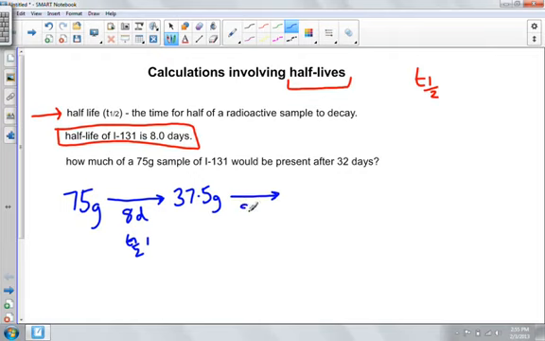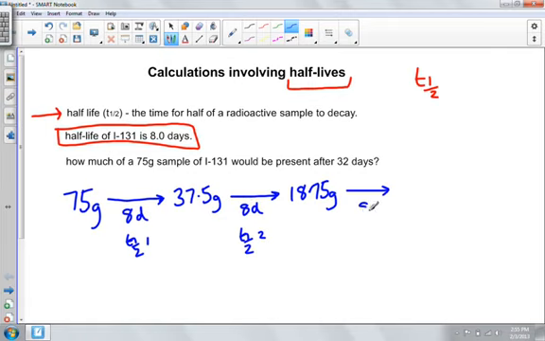Now, after another 8 days, essentially that's half-life number 2, there's going to be half of 37.5, which is about 18.75 grams. More or less. But we aren't asking about 8 days or 16 days.